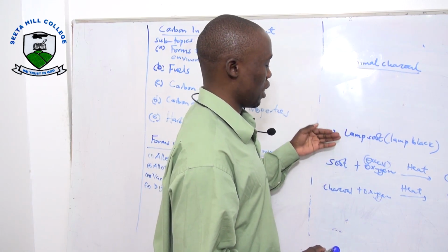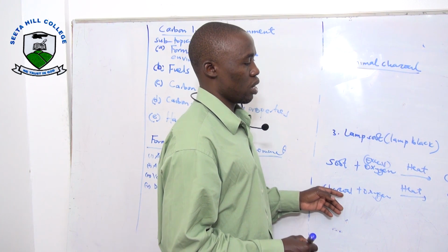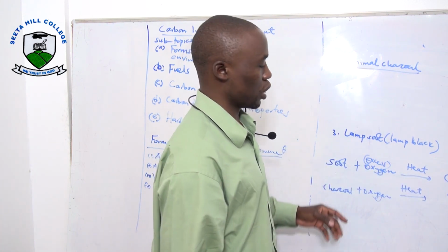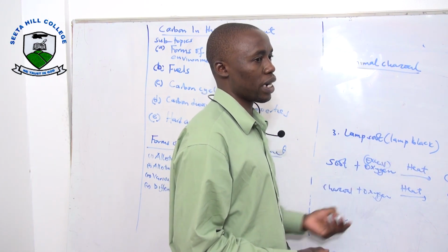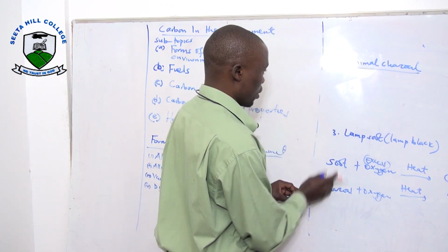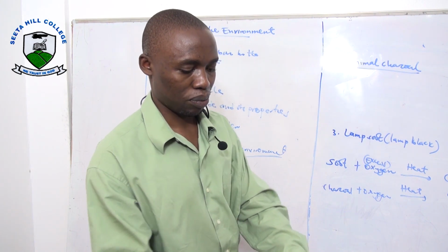When you burn carbon, charcoal, whatever, you get what? Because carbon is mixing with oxygen to form a compound called carbon dioxide. Carbon dioxide.